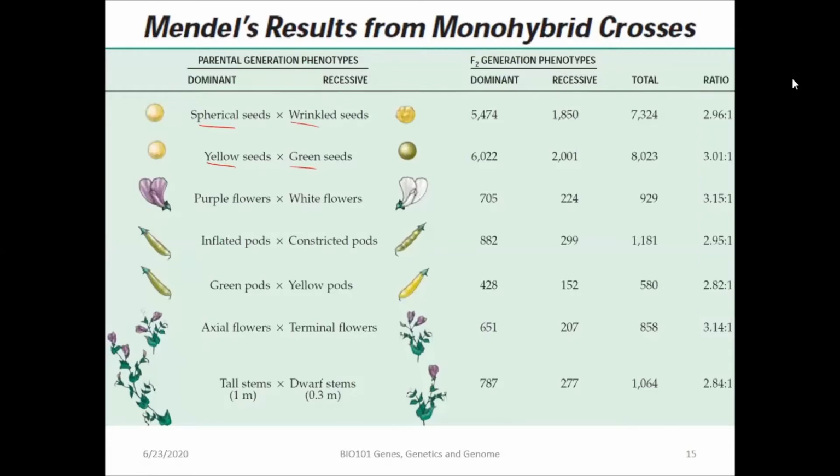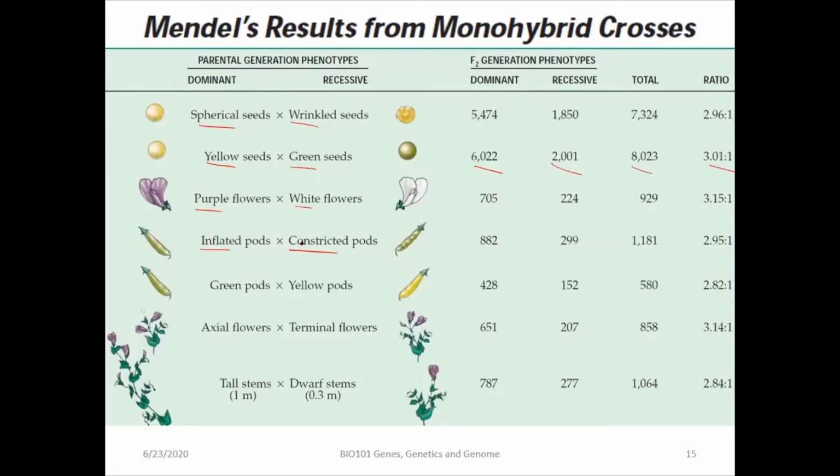If you look at the F2 ratios on the top of this table, the numbers for dominant and recessive in F2, then the total number, and then the ratio 3:1. Similarly, purple is dominant over white, inflated pods over constricted pods, and so on.